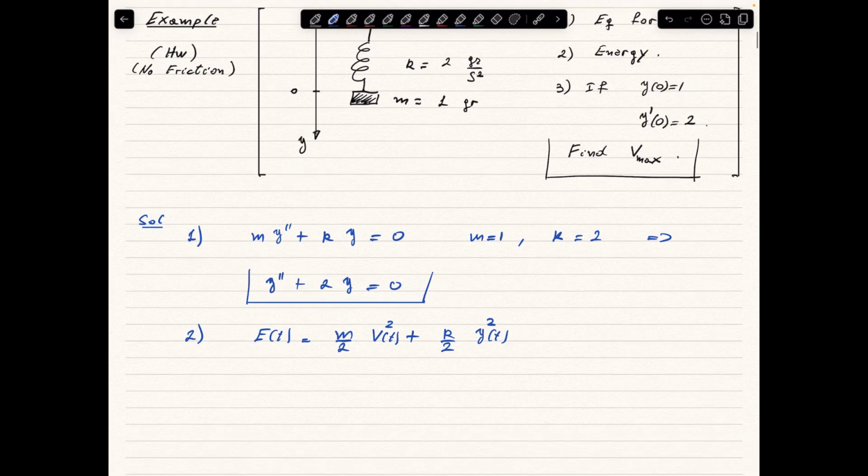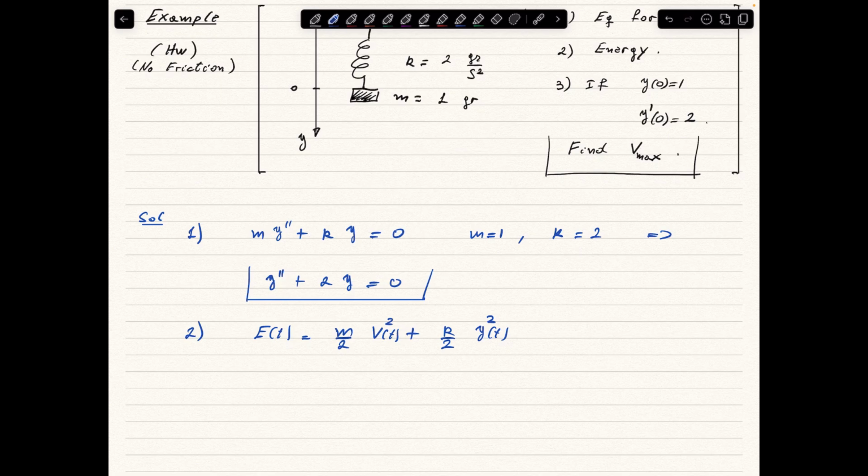Mass is equal to 1, so in this case the energy is going to be 1/2 the velocity squared as a function of time, plus k over 2, so y squared. This is the energy in our system, very simple.